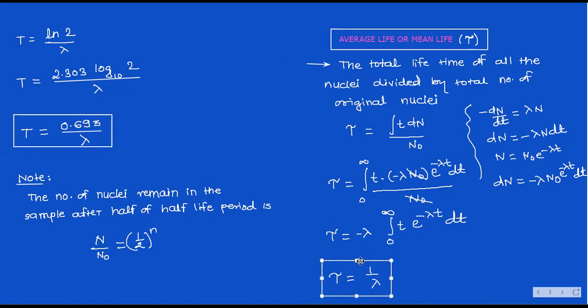This is the formula for average life or mean life. So how can we define it? Can I say like this? Reciprocal of decay constant is your average life. Okay, reciprocal of decay constant is what? Average life.